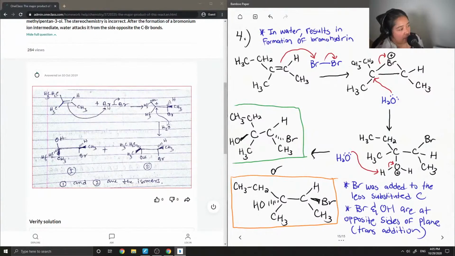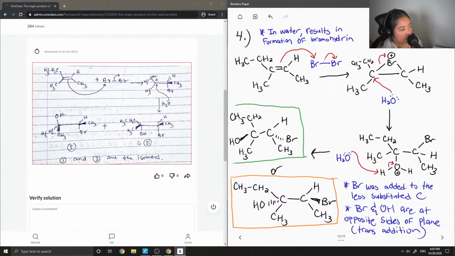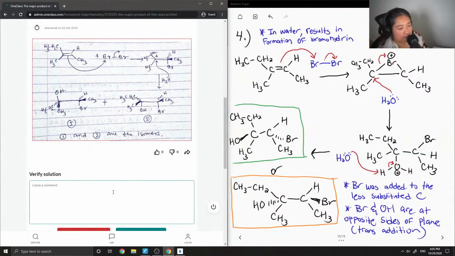They have the bond attacking the bromine, water coming in, and they simplified it a bit, but basically it showed that the structure is correct, like the compound, but I'm just also gonna add structure is correct, and also draw Br and OH at opposite sides of the plane.